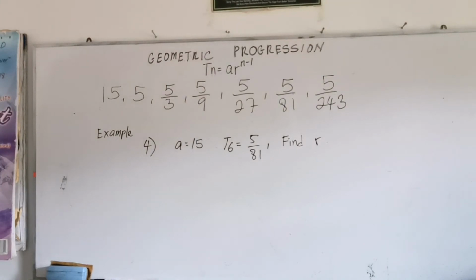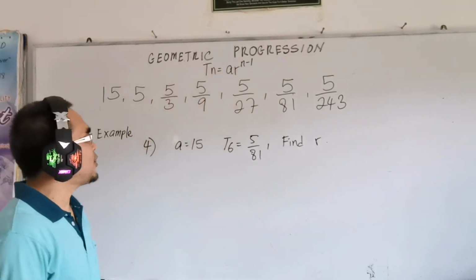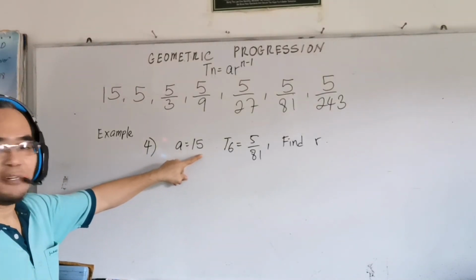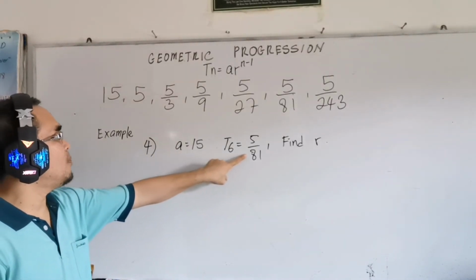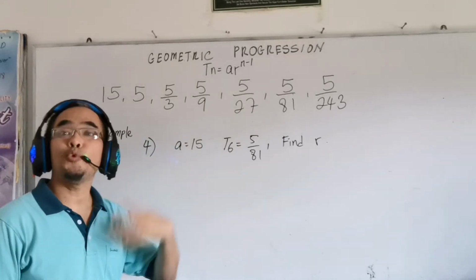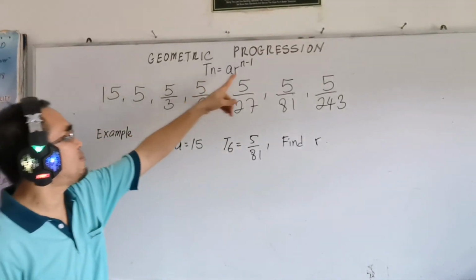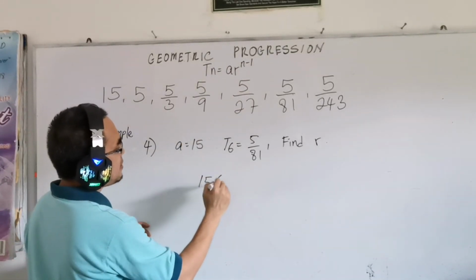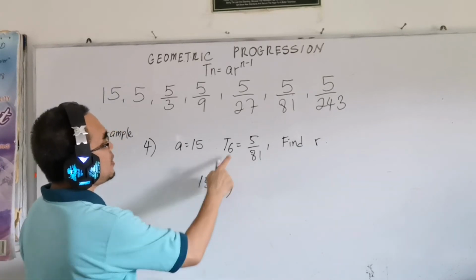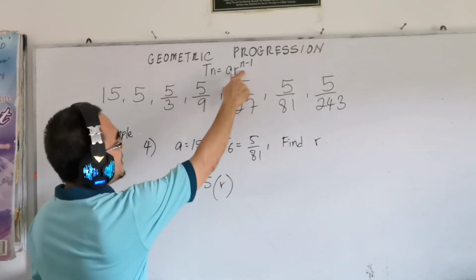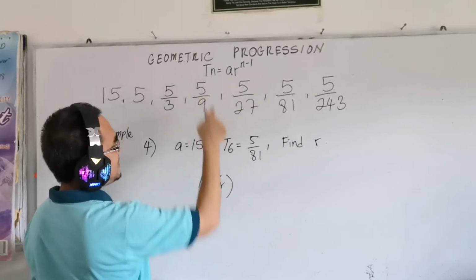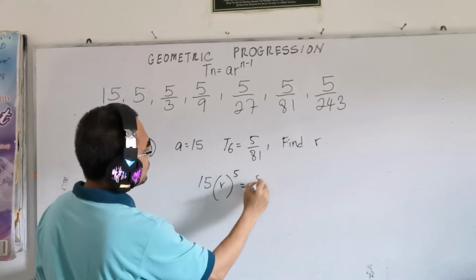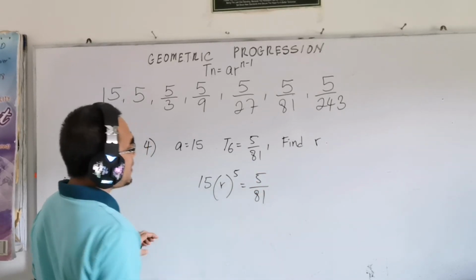Another example for this Tn for geometric progression would be, for example, you are given A is 15, the first term is 15, and T6 will be 5 over 81, so you do not know R. So using this formula, substitute A is 15, R is R, because you do not know, 6 is N, so Tn, T6, so N will be 6, 6 minus 1 will be 5, equals to 5 over 81.